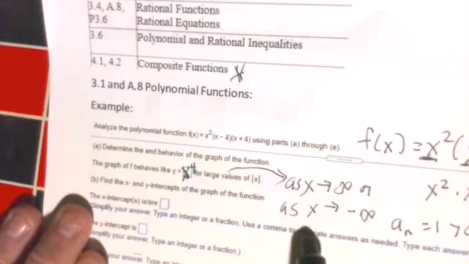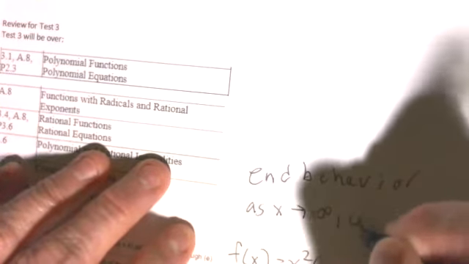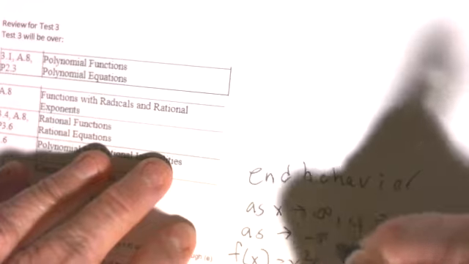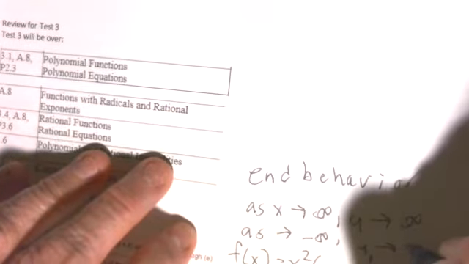So what you would have to choose, if it's listed like this, is as x goes to infinity, your f of x or your y goes to infinity, and also as x goes to negative infinity, the y goes to infinity. So it's opening up like that. That's one thing we know about this function.